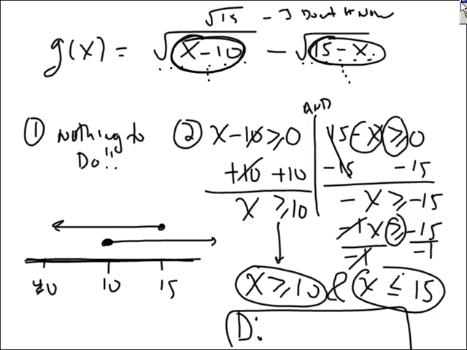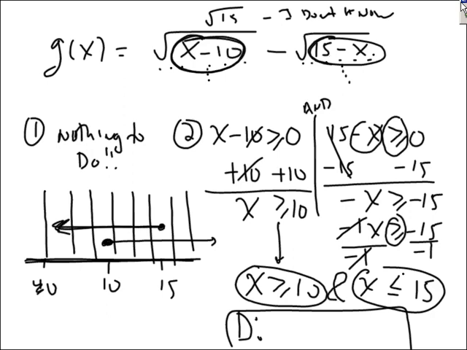I'm looking to see which vertical lines cross two lines. It seems like only between 10 and 15 do I have both lines above. Only here do I have both lines.